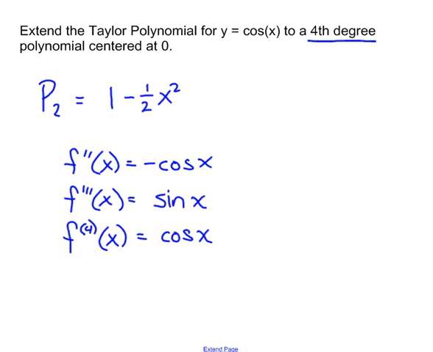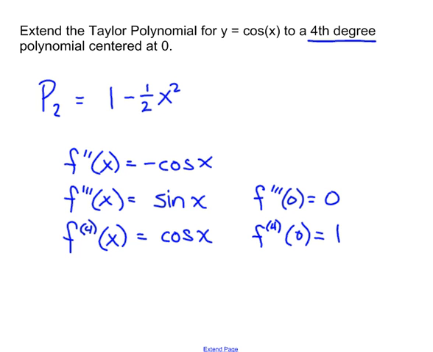We'll evaluate those at 0 because this is centered at 0. The second derivative we already had, so we only need the third derivative at 0, which equals sine of 0, which is 0, and the fourth derivative at 0 is the cosine of 0, which is 1.